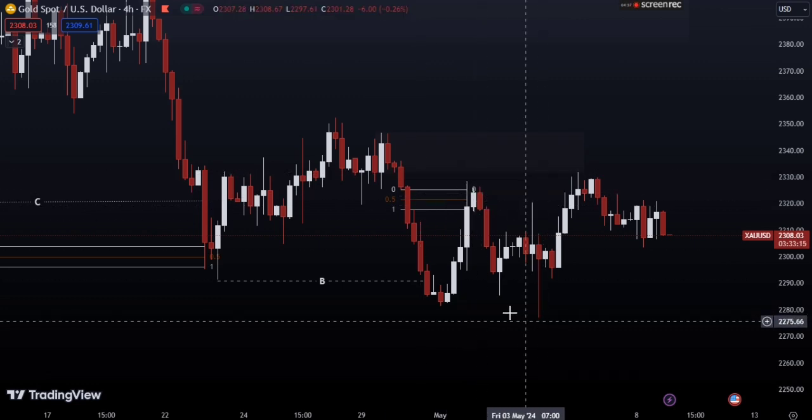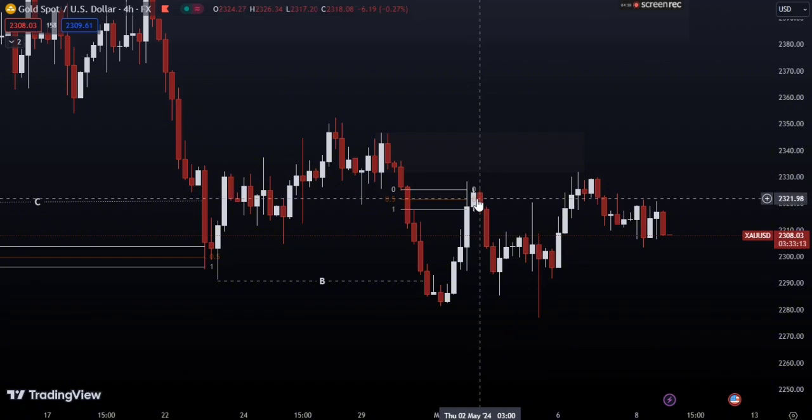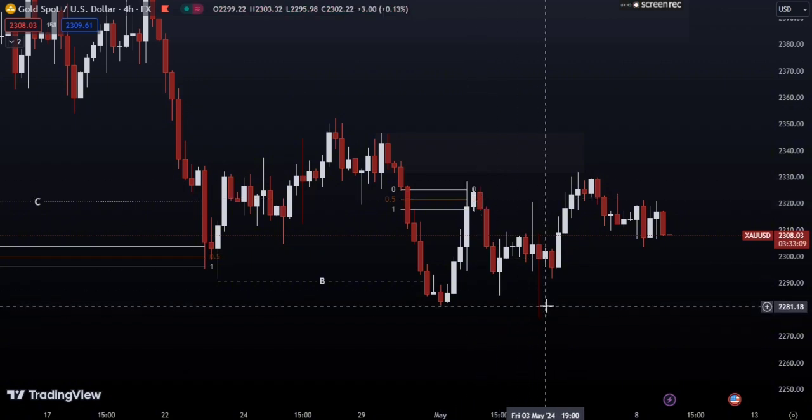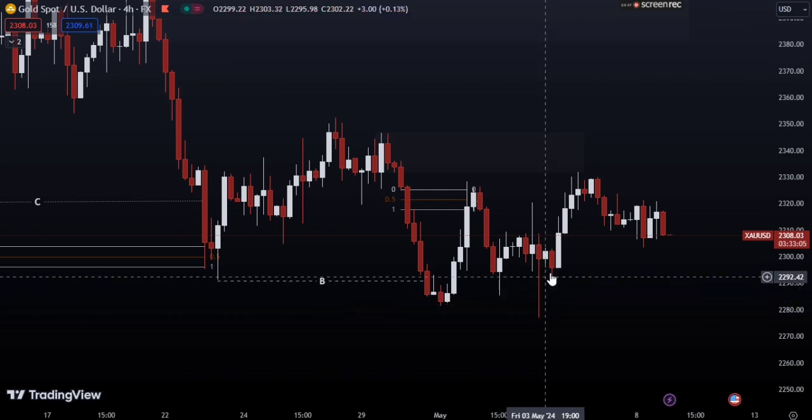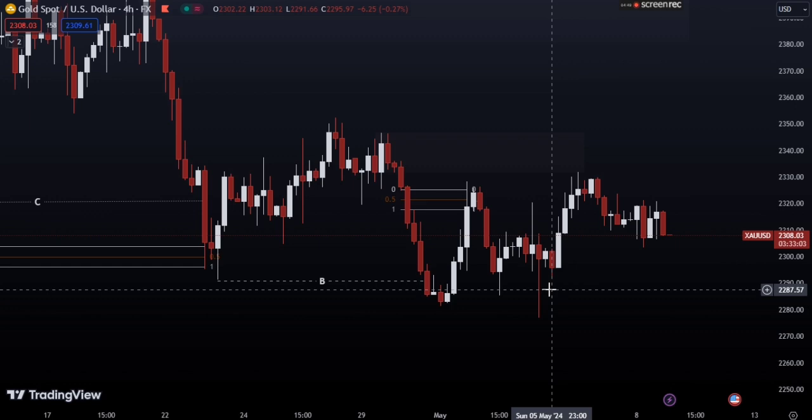So you can see that this supply zone here, it's not really, because of course now I'm speaking more of after the NFP has played, right? So let's just wait with that.